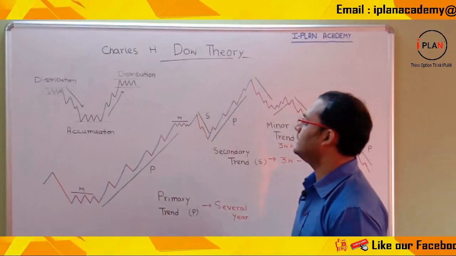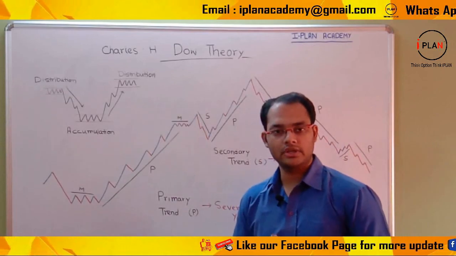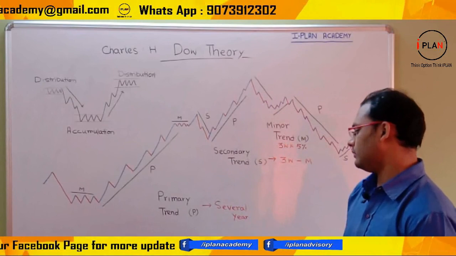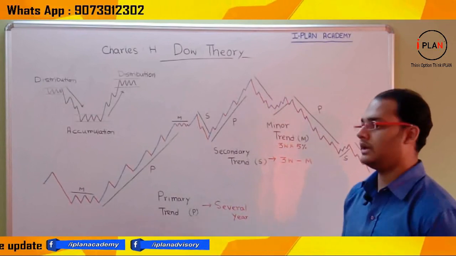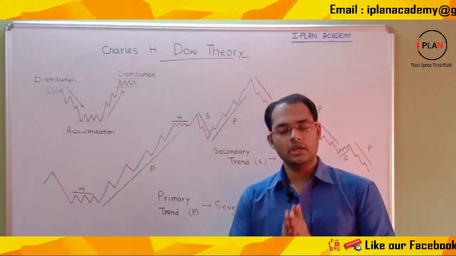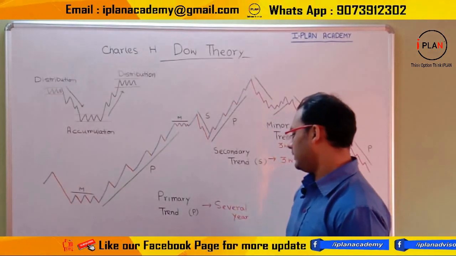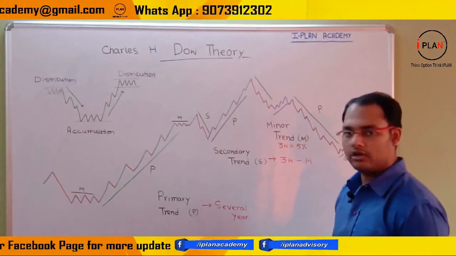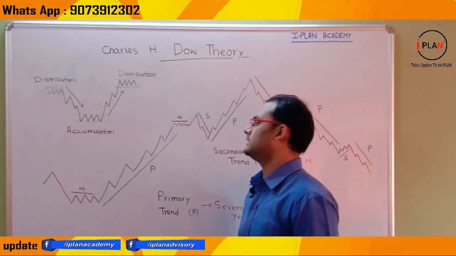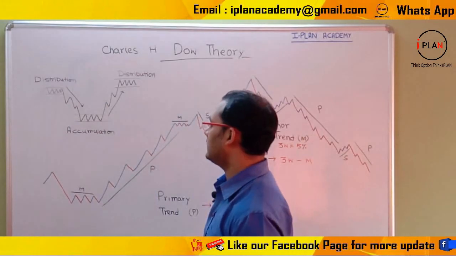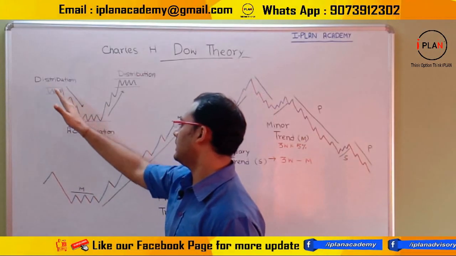Charles H. Dow is the father of modern technical analysis, who introduced us to primary, secondary and minor trends, and who first introduced the concept of trend. Before we explain primary, secondary and minor trends, initially we just describe this chart. When a market starts, it starts from the top.